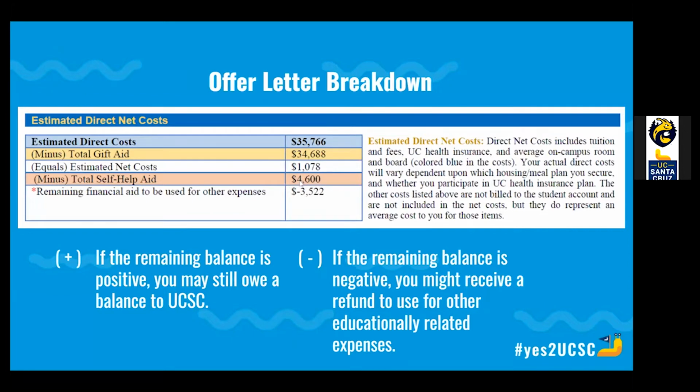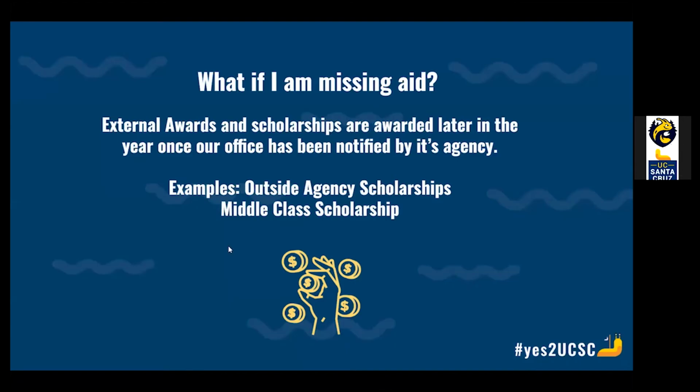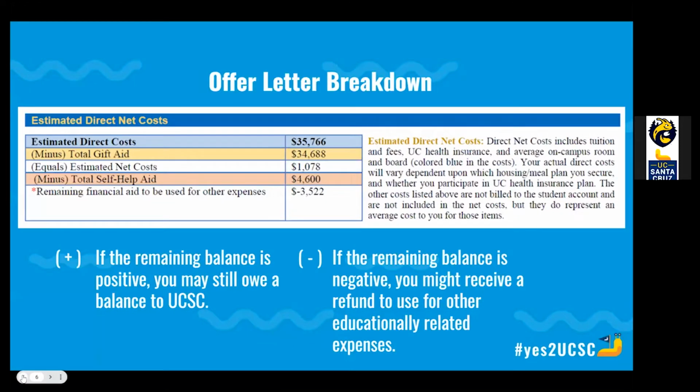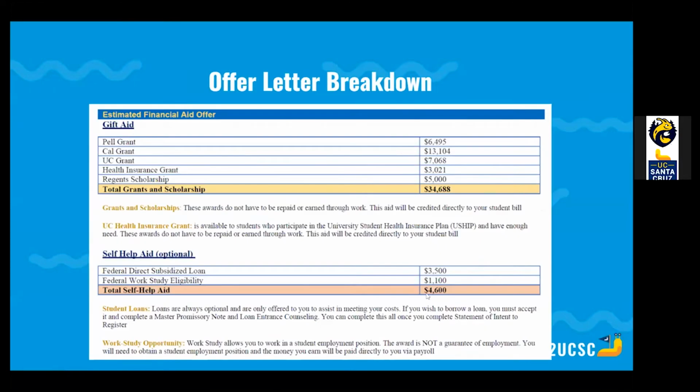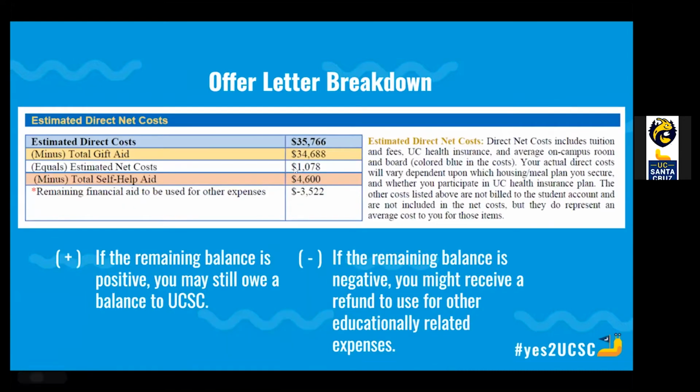Now we just added back the $4,600. Oh, pardon me. The $4,600 is both the subsidized loan and the work study. Now, in order to qualify for the work study, you'd have to secure a work study position. But let's say I'm not able to pay this $1,078 out of pocket.